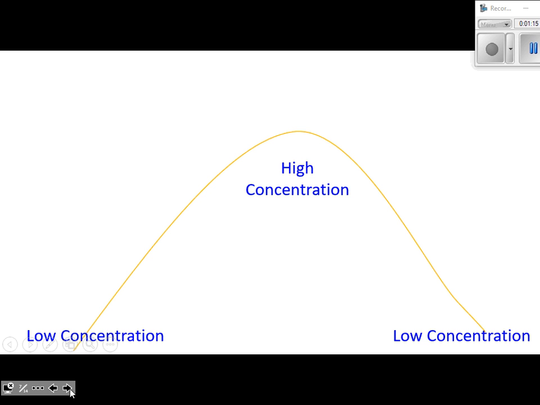Now, where are we going to start our bike off at? Well, we're going to start right at the top of the hill. So as I'm at the top of the hill, I'm at the highest concentration. So where the materials are of the highest concentration, I'm at.